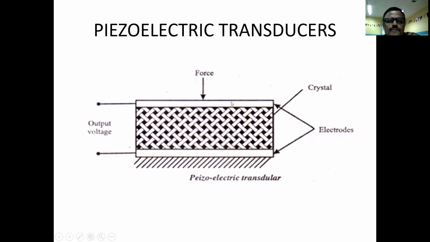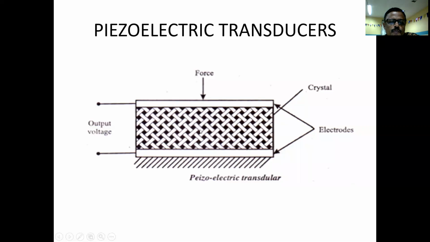When this crystalline material, a crystal-like material, is subjected to force, which can be compressive force or tensile force, from both the ends, a voltage is generated. This is the output voltage.